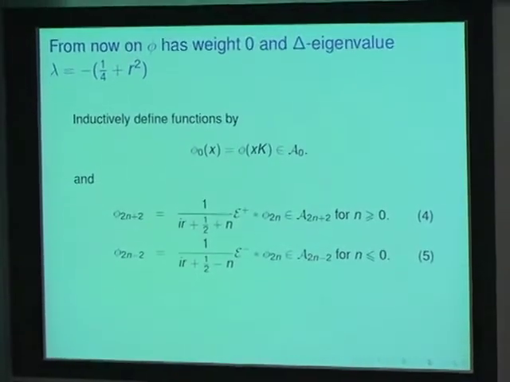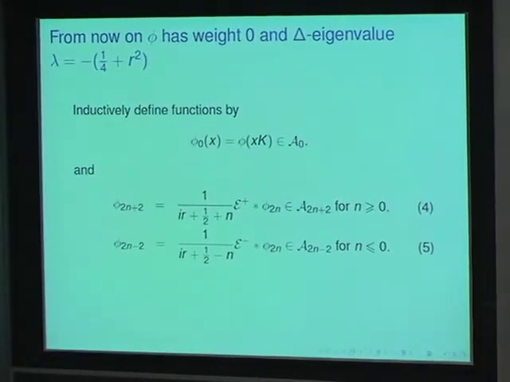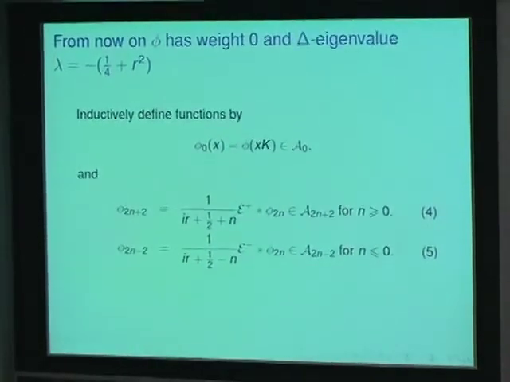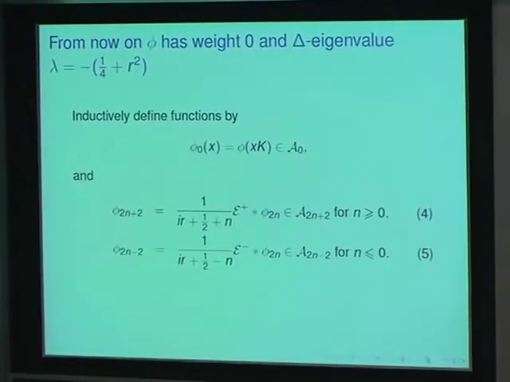And this was then the end of the last talk, where we wrote the eigenvalue in this form. We denoted the original eigenfunction as phi naught. That's the trivial lift. That's how a function on the surface can be considered as a function on the unit tangent bundle.